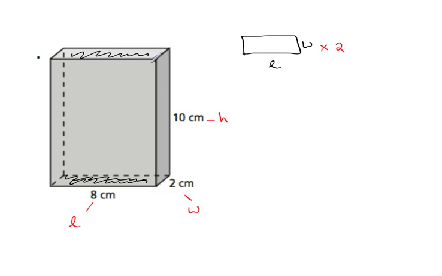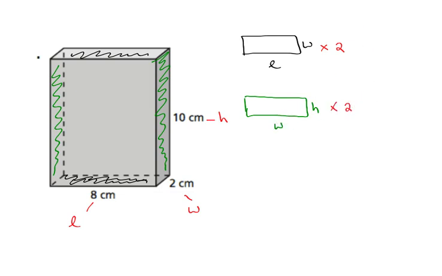Then we have this one here in green. This is the right side, and the left side. What are the dimensions I'm using for that rectangle? The height and the width, and how many do I have of those? I have 2 of those.